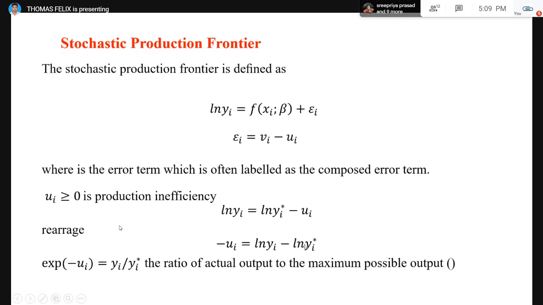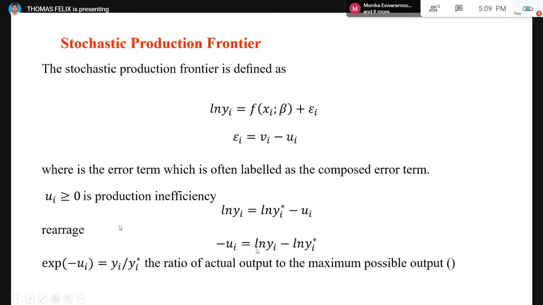Using the formula log of x minus log of y equals log of x divided by y, that is log of ya divided by ya star equals minus UA.